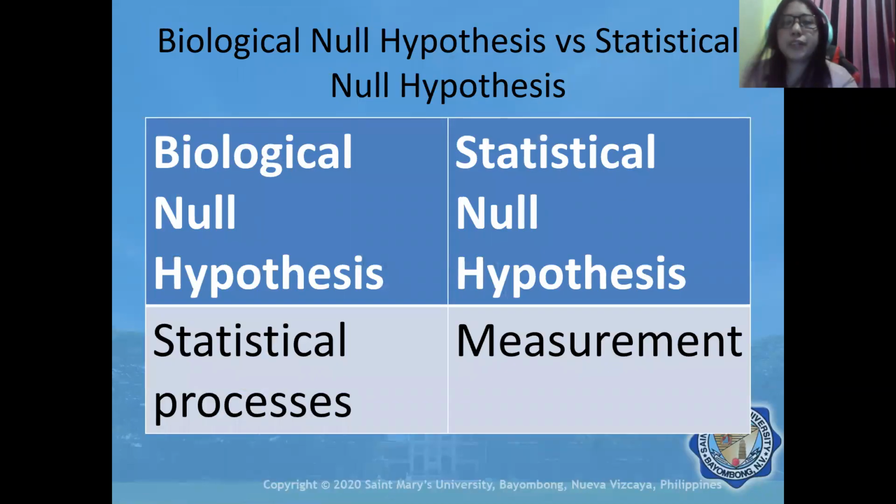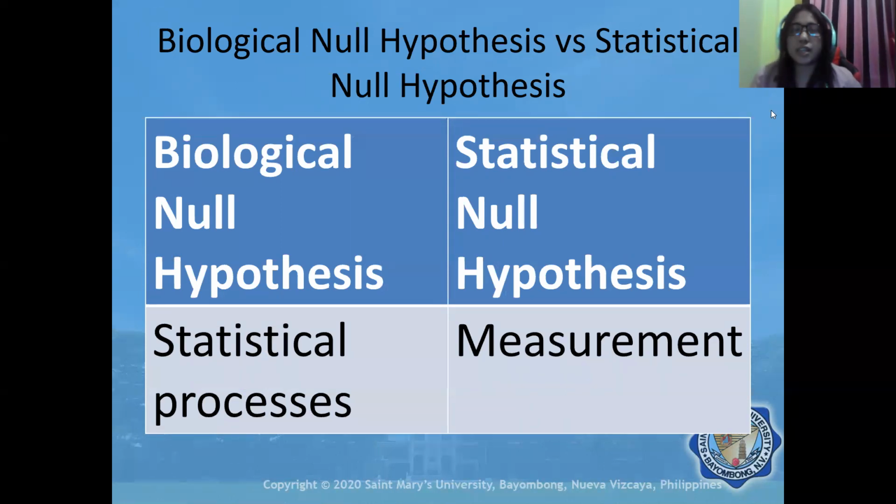So our topic today is biological null hypothesis versus statistical null hypothesis. You are of course familiar with what a hypothesis is. This is defined to us in our basic education years as an educated guess.